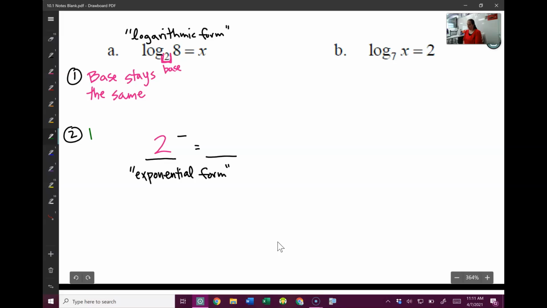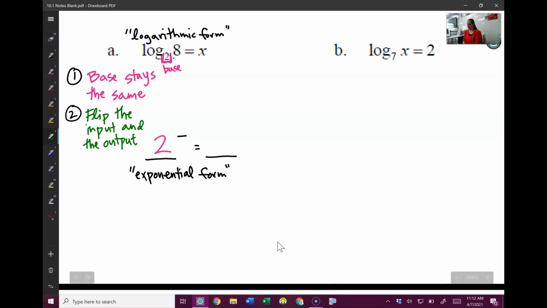Step 2, because these are inverses, we're going to do an inverse thing where we're going to flip the input and the output. Because that's what we do for inverses.